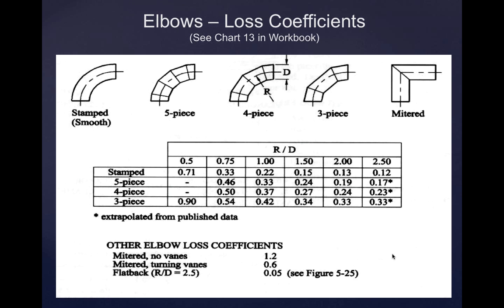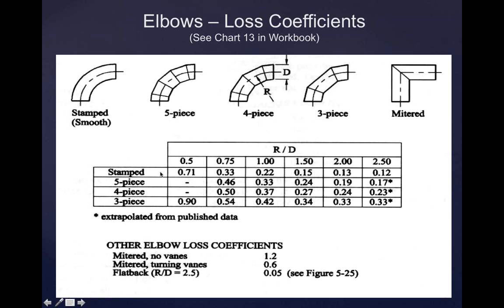Okay, elbows. Elbows, in order to find that K value, you have to know how smooth the transition is. And so for a 90-degree turn, that's related to the number of sections that you have. The more sections you have, the closer it is to a perfect curve, the less transitional friction that you have. So first thing we have is a number of sections.